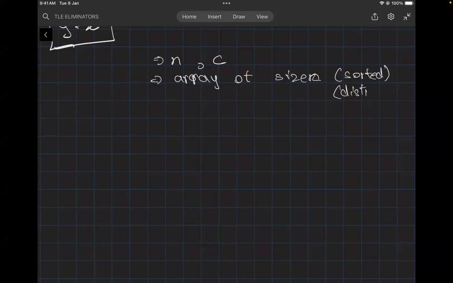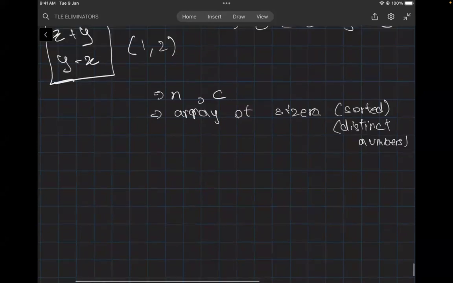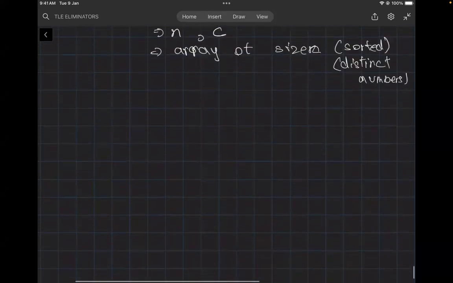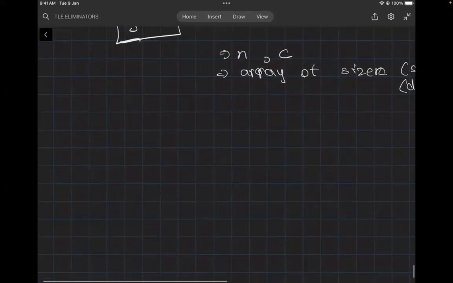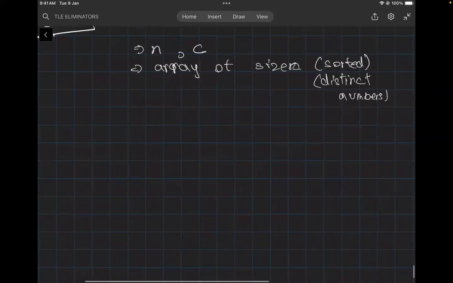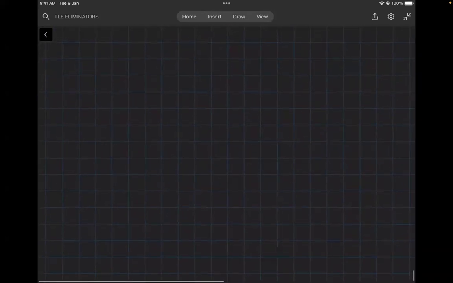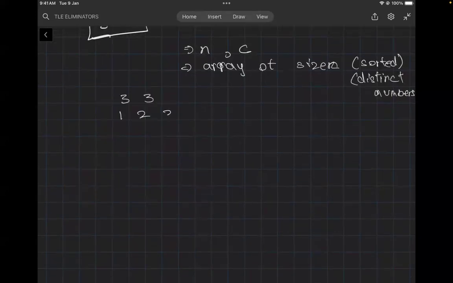Okay, this actually gives out the solution somehow. Like this is already sorted and it is made of distinct numbers. The problem that we are going to take is 3, 3, 1, 2, 3. Okay, we're going to take 3, 3, 1, 2, 3.